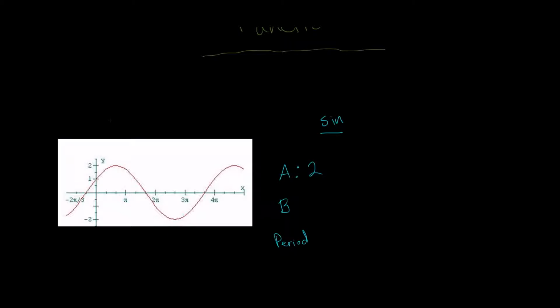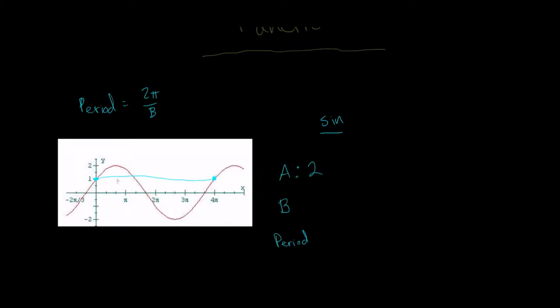And if we remember back to what the period is, it's equal to 2 pi over b. And period is how much room it takes for the graph to complete one entire cycle. So if I see here, it starts at 0, 1, and then here it's at 4 pi, 1.